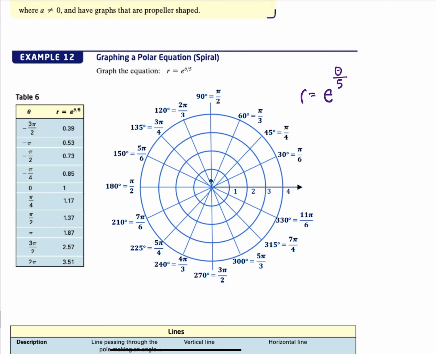Then negative pi, 0.53. Well, negative pi is coterminal with pi, so we get something like that. Then negative pi over 2, 0.73, so down here. Negative pi over 4, 0.85.